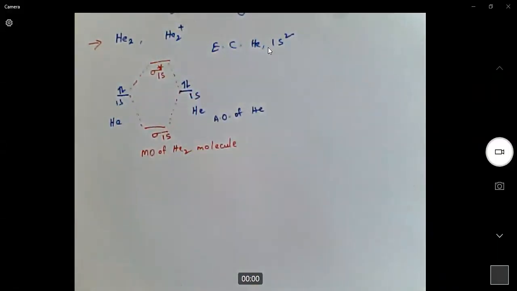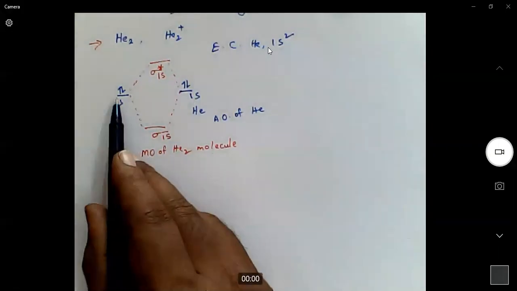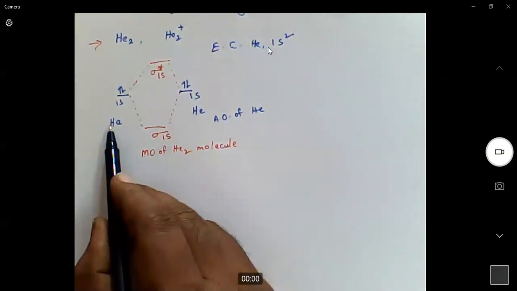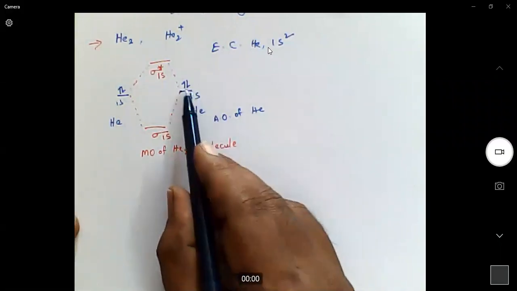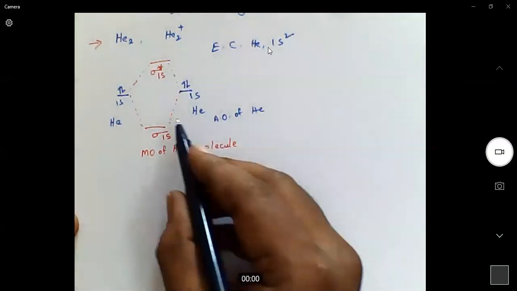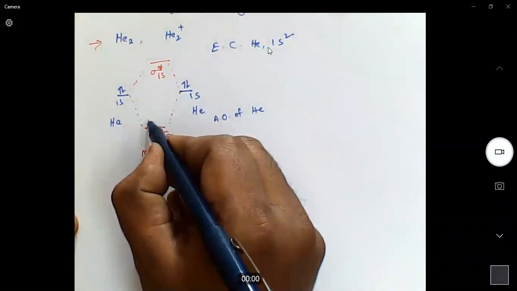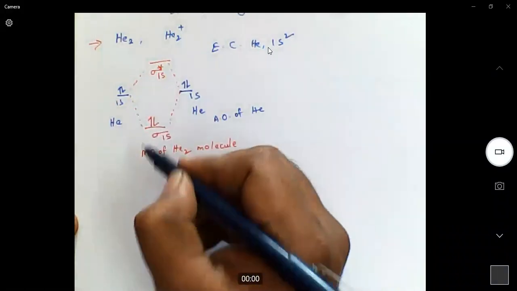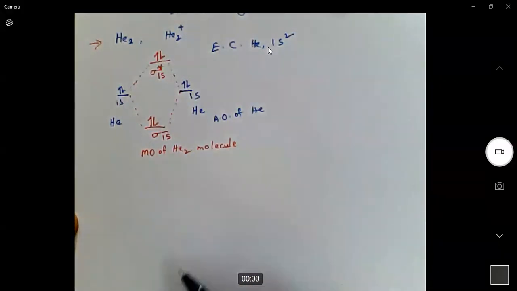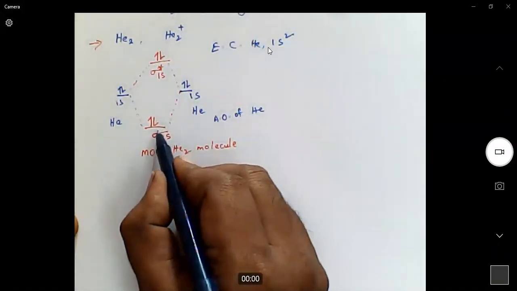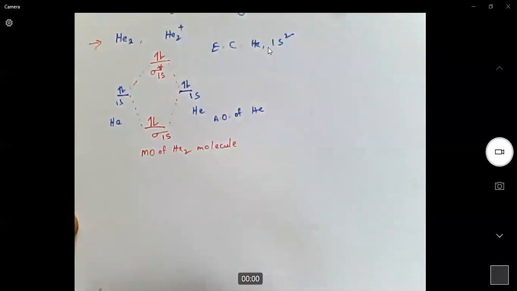And here we have four electrons, two electrons in one helium, two electrons in another helium. So we need to accommodate four electrons here. Of course, in sigma 1s we can accommodate two electrons, and in sigma star 1s we can accommodate two electrons. So the four electrons are accommodated, two electrons in sigma 1s, two electrons in sigma star 1s.